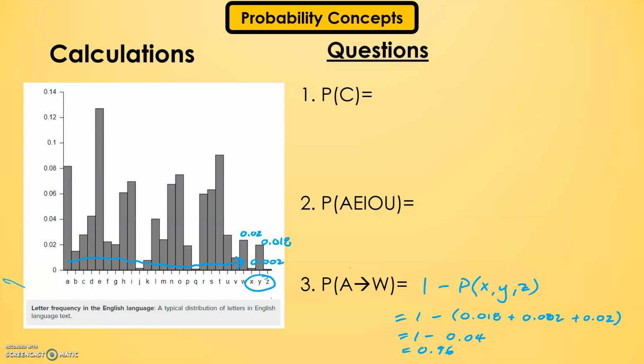So the probability of getting a letter between A to W is 0.96 or 96%.